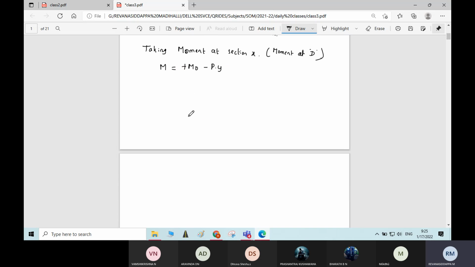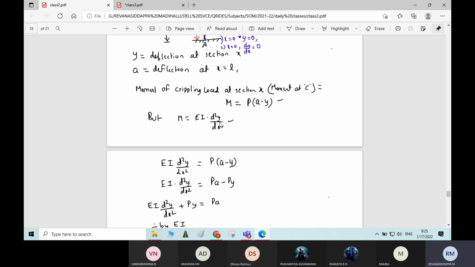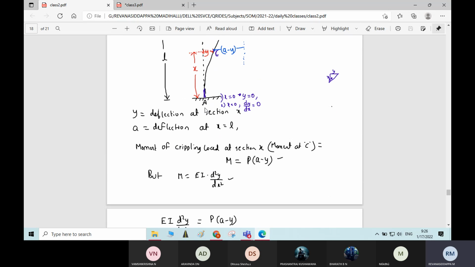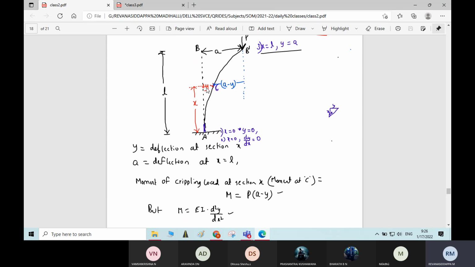Moment at the section X. Okay. So we have a standard formula for the same moment, M is equal to EI into d square y by dx square. Same procedure, students. What we have done in the previous two derivations, we have taken moment at section x.